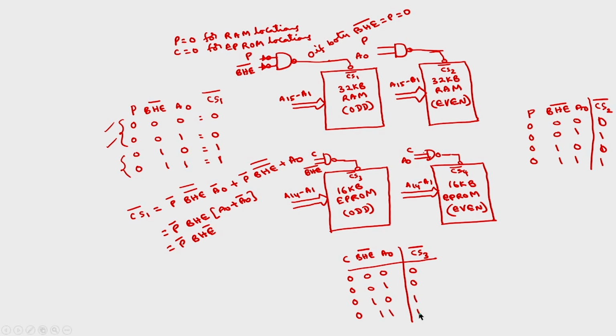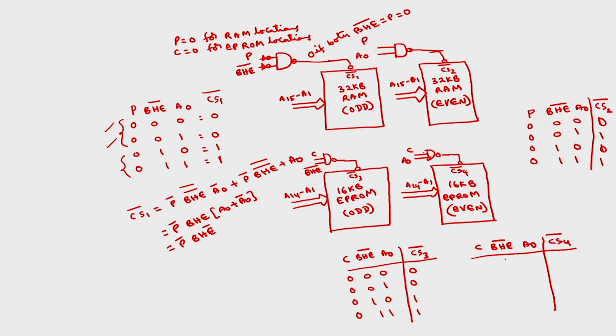If I take the Boolean expression here, A0 varies from 0 to 1, which will get cancelled. So only C and BHE bar will be there, you have to connect through NAND gate. Similarly, for CS4 bar, you can write C, BHE bar, A0.